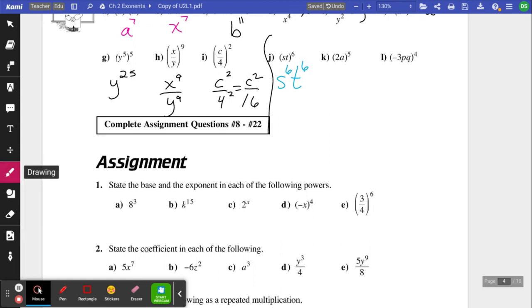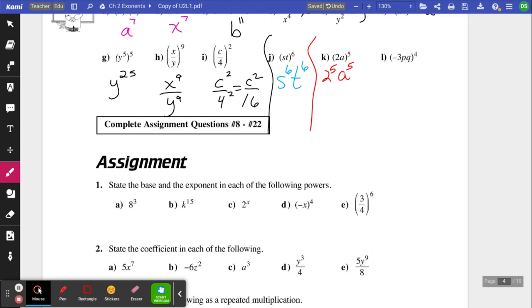Okay. K. Where are we at for K? Thomas and Miles over there. Give me K. 2 to the 5th and A to the 5th. Now we can work with 2 to the 5th. What's 2 to the 5th? CC, how would you find it?